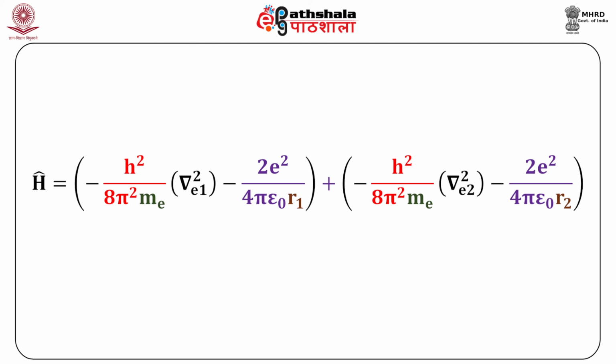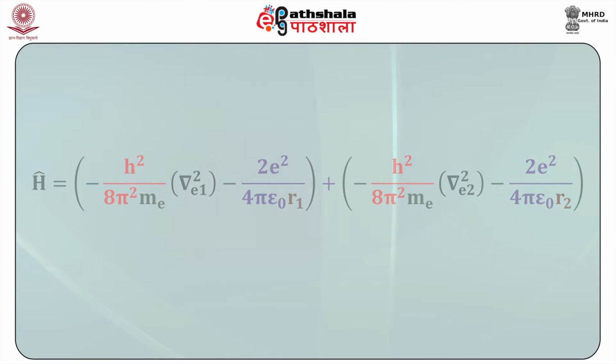So these are the two terms in one parenthesis, and in the second parenthesis we have minus h square upon 8 pi square me del E2 square minus 2e square upon 4 pi epsilon 0 R2. So these are the two terms in the second parenthesis.